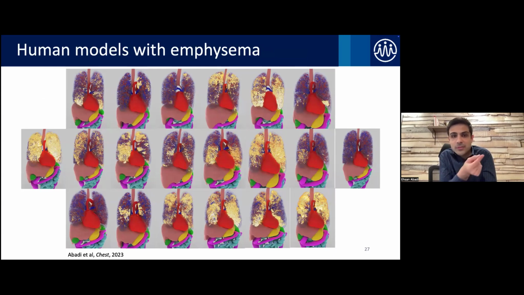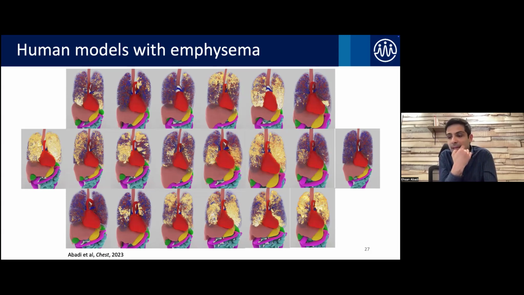These are based on patient data, by the way, the models and the diseases. So we imaged these patients with 3 different scanner types, photon counting and 2 clinical energy integrating systems. And we imaged them with a bunch of different imaging parameters, different dose levels, different reconstruction settings, and so forth.